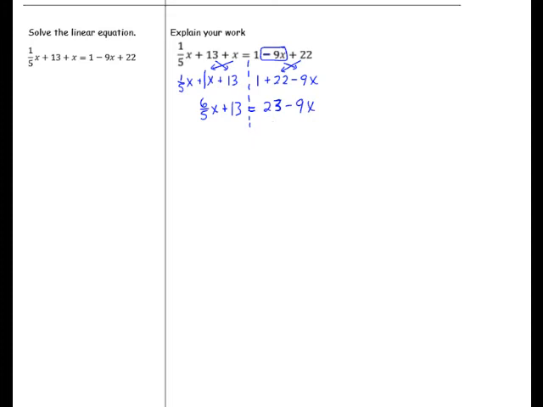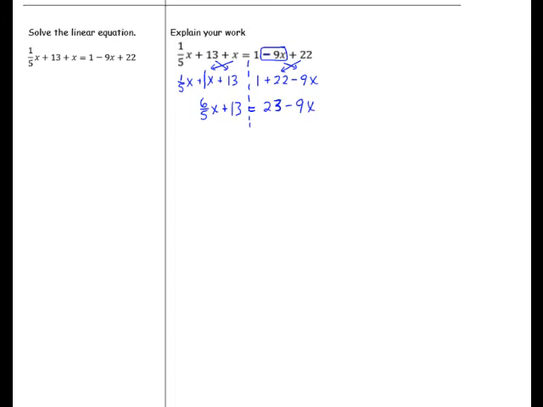We could add 9x to both sides of the equation, or we could subtract 6/5 x from both sides of the equation. So really there are four things to choose from. And you think, well, what's going to be the most efficient?